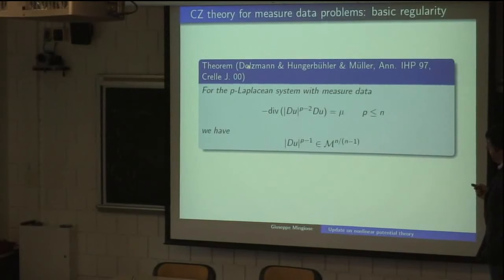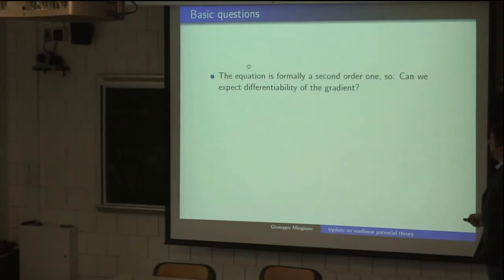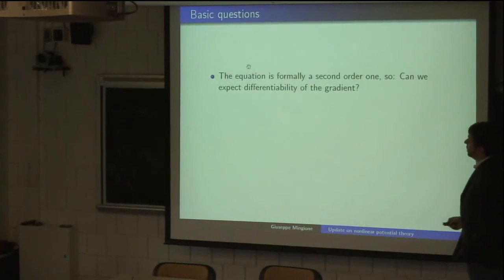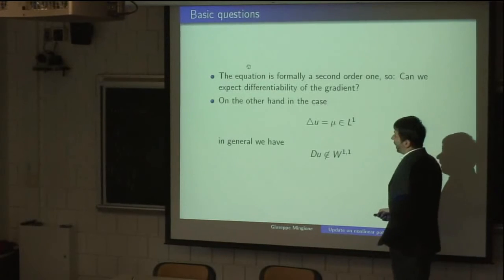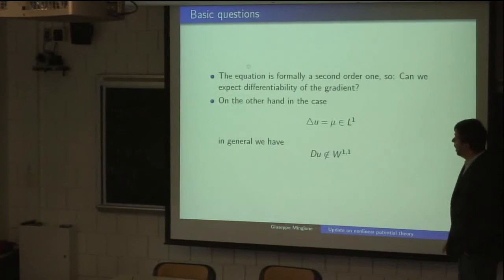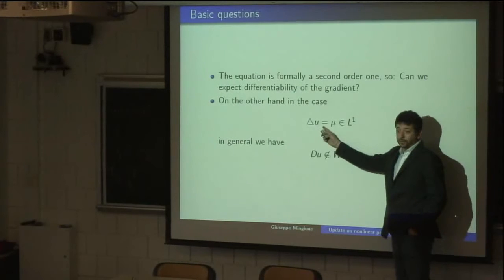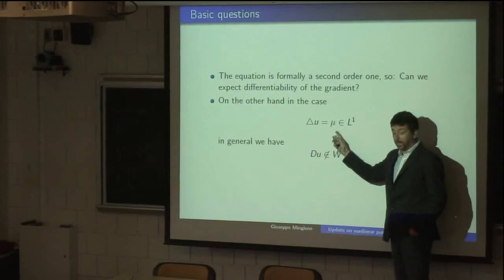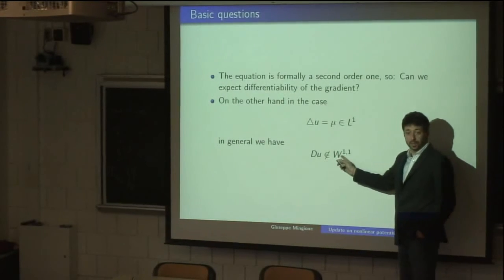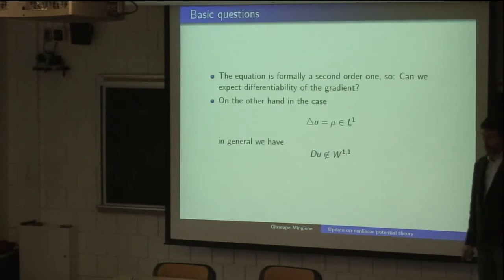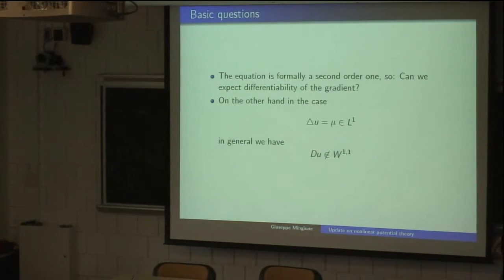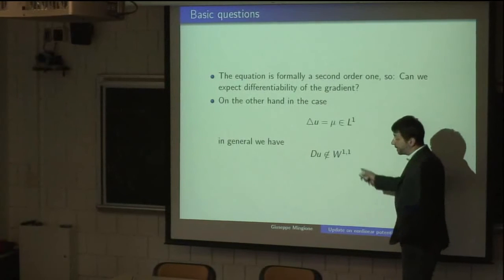And so now we briefly discuss this. So where can you find the gradient other than in Lebesgue spaces? It is known that already in this very special case, you cannot show that the gradient is in W^{1,1}.